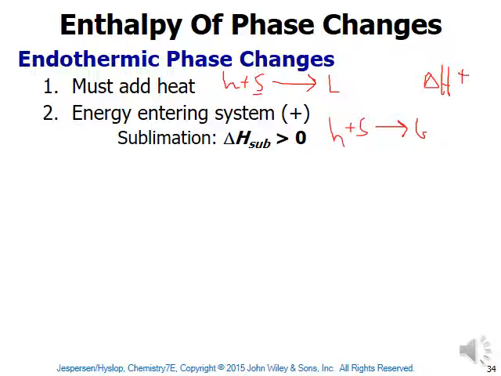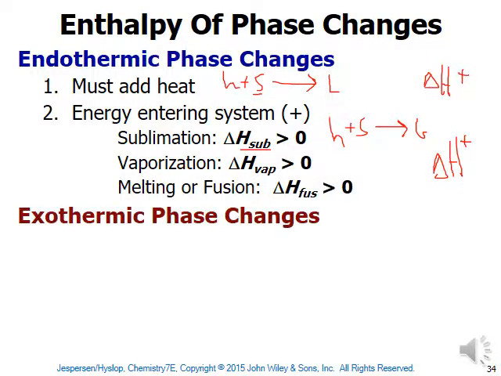Okay, and so the delta H would be positive, and we would call that the enthalpy of sublimation. If we're going from solid to liquid, we call it the enthalpy of melting or fusion. If you're vaporizing water or evaporating, it's called the enthalpy of vaporization, and so forth.